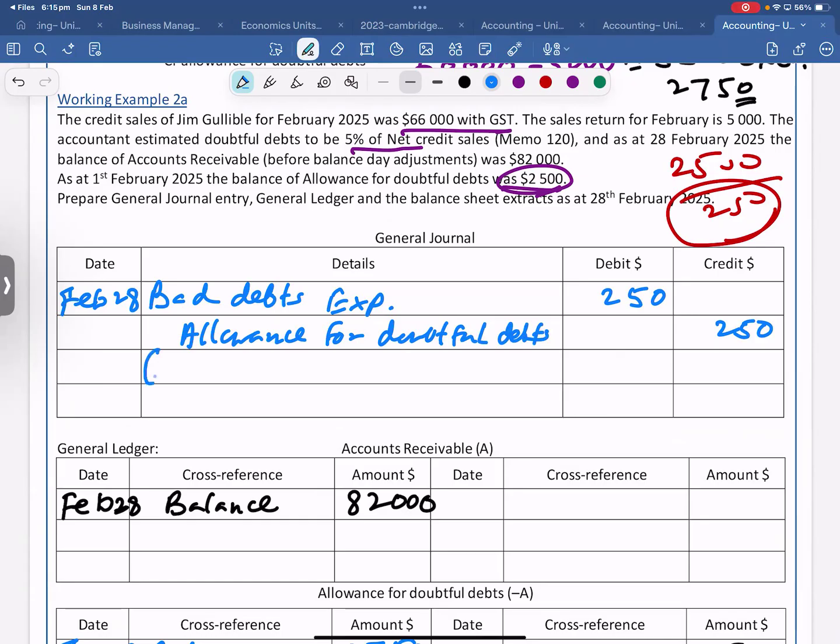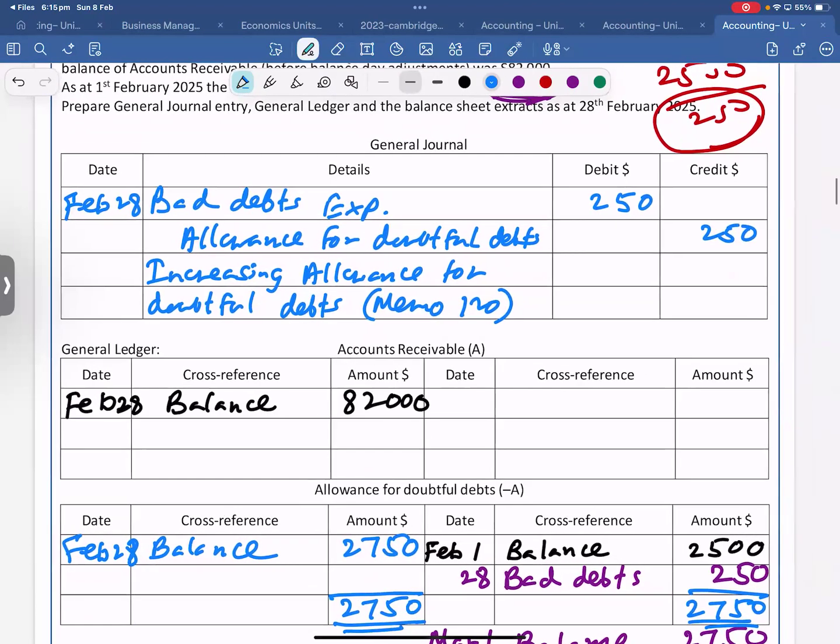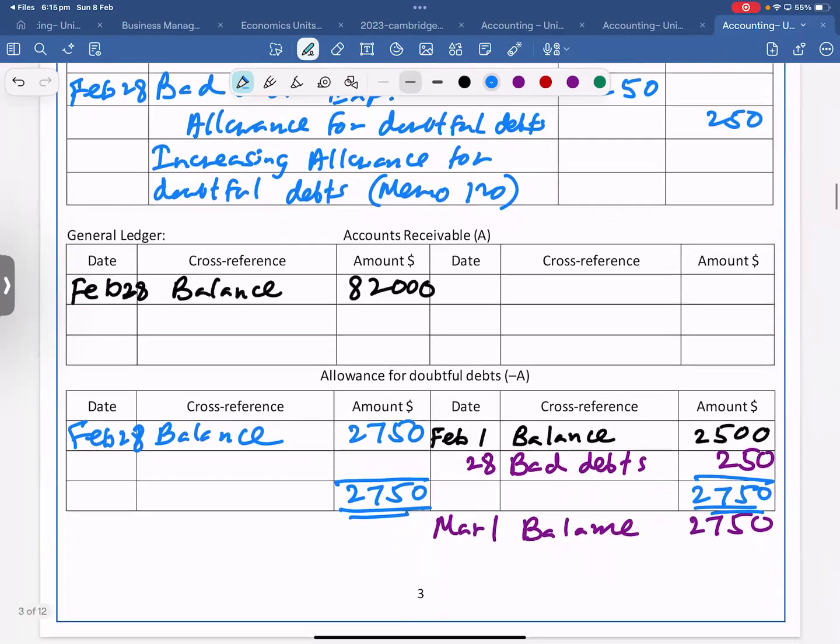Right. So then what is the narration, guys? We will say increasing the allowance for doubtful debts. Memo, what is it? 120.